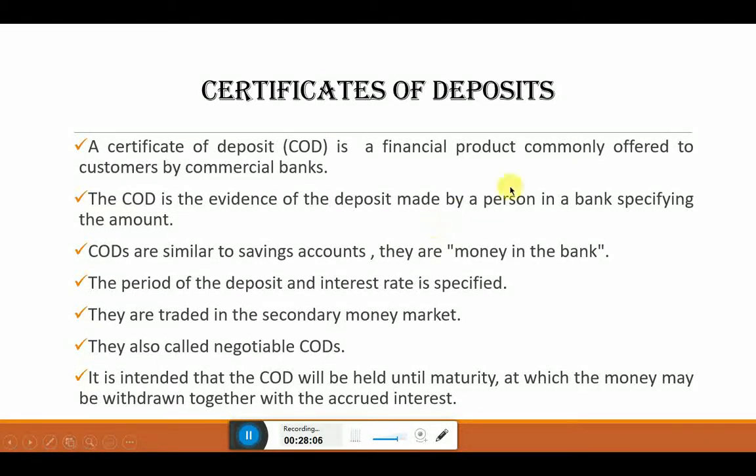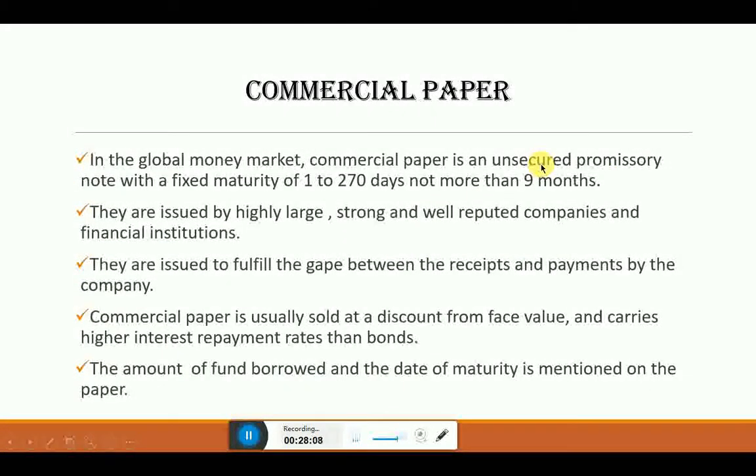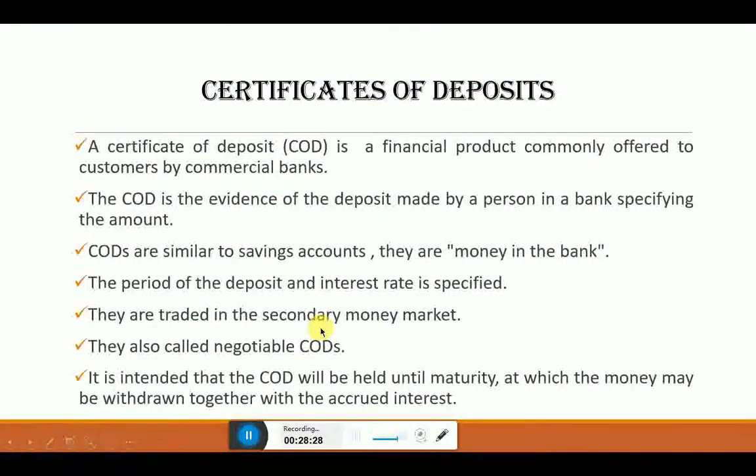Certificates of deposit. Remember, commercial paper does not have a specific specimen. It can be any format. It could be a printed paper, or it could be a simple paper, it depends upon the issuing company. But the most important part is that what we mention here should be written on the face of that document.